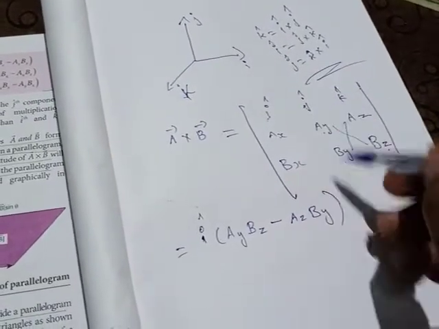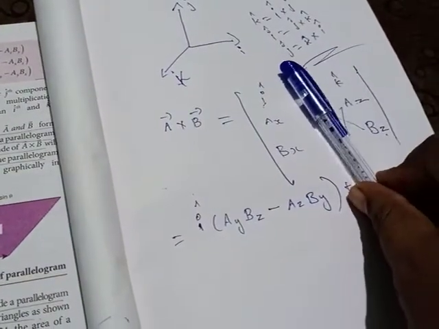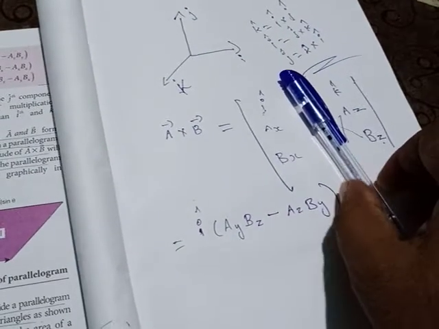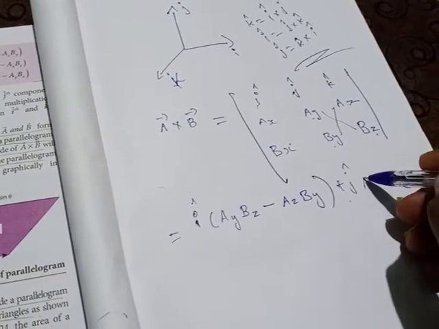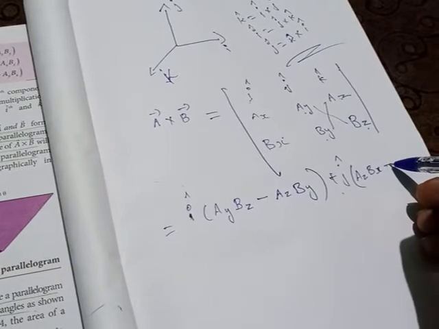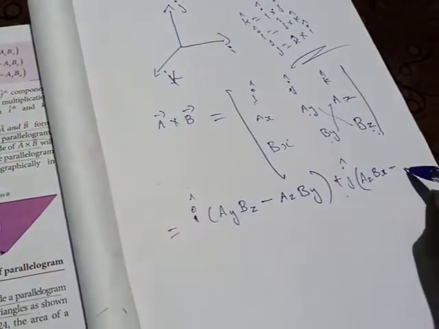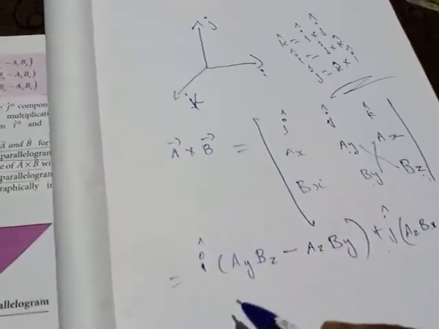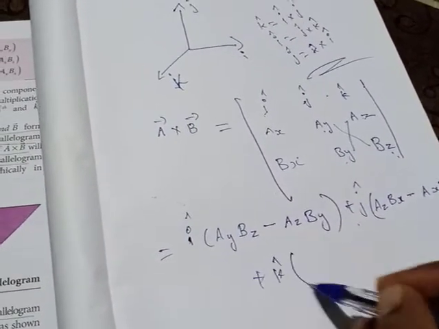Then plus J unit vector. When you are taking J, you take these four values: AZ BX minus AX BZ. Again plus K unit vector.